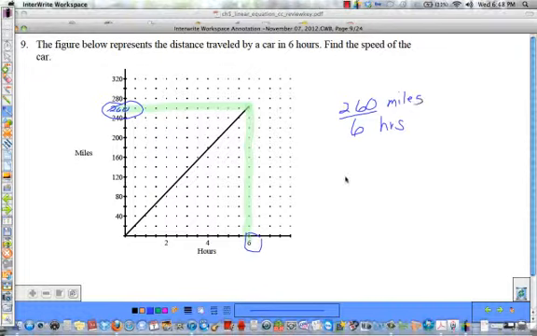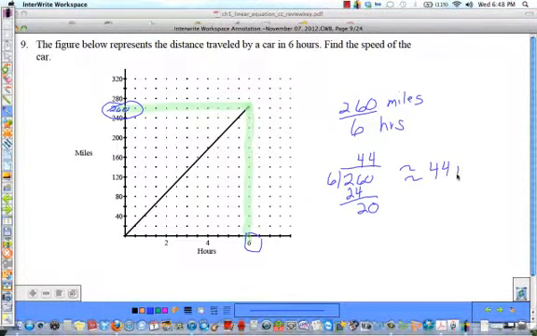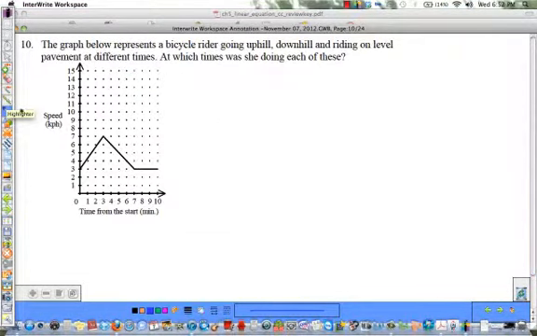Then to figure out the speed of the car, we just divide those out, which is 260 divided by 6, which is 4. Subtract that on out, and your answer ends up 44, so that's approximately 44 miles per hour.